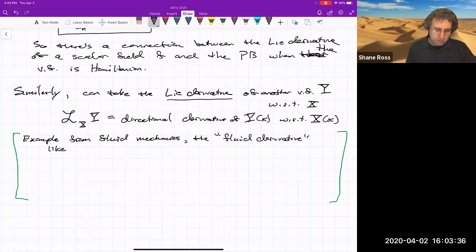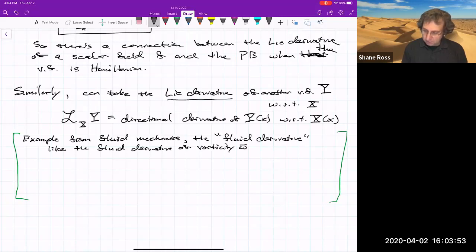Like the fluid derivative of the vorticity along the fluid velocity. Where we're thinking of 3D, so the vorticity vector field along the fluid velocity vector field V. What is the vorticity? The vorticity is the curl of the velocity.